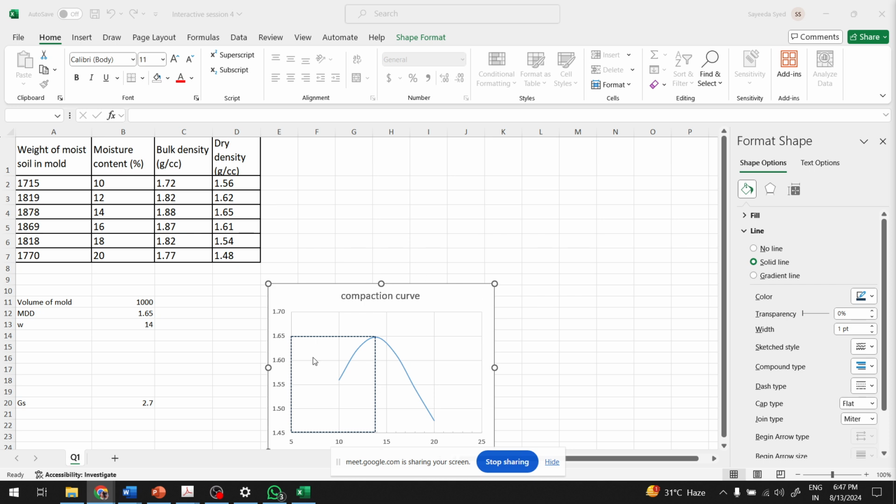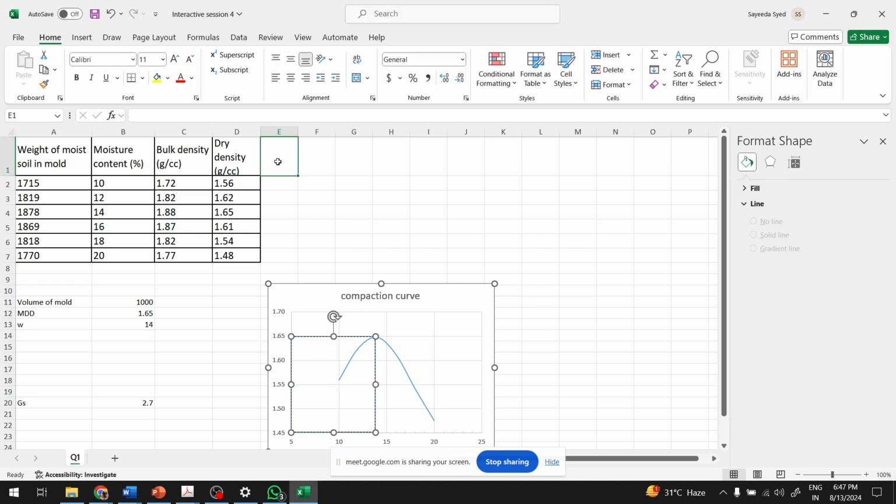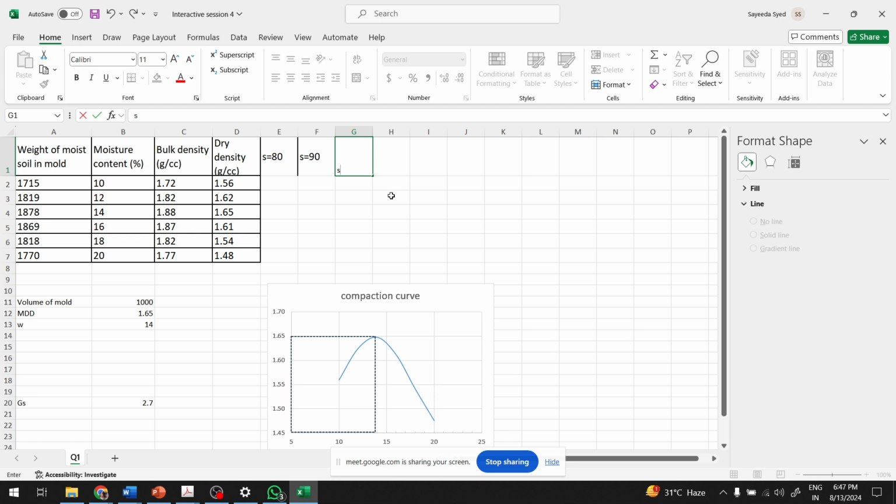So the water content has been given, and now we want to calculate for S equivalent to 80, S equivalent to 90, and S equivalent to 100.